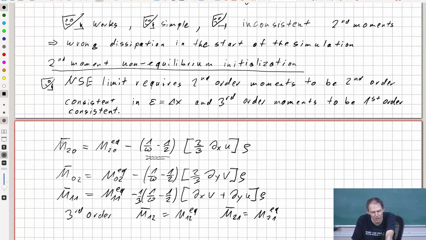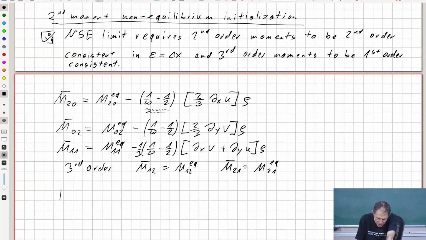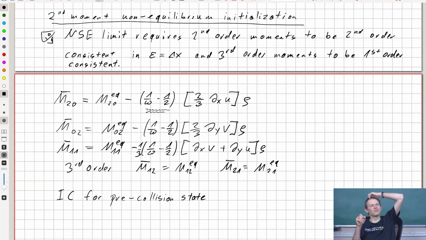What we have is the pre-collision state, so the initial condition for the pre-collision state. Yesterday somebody asked me, is it important to start with a collision or is it important to start with a streaming?